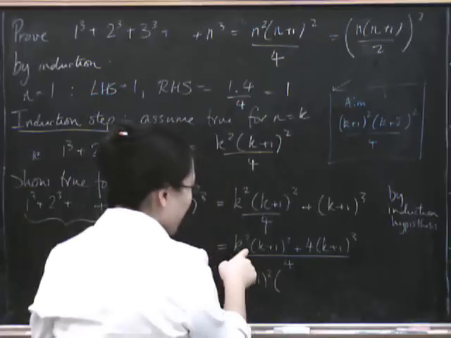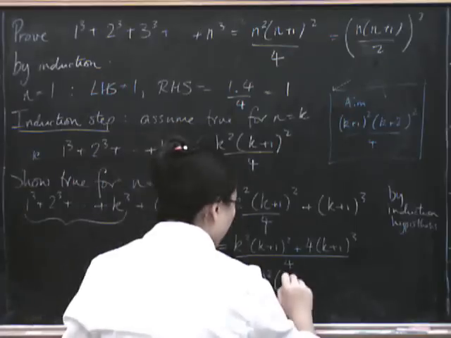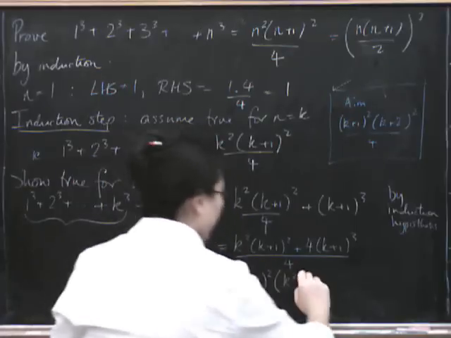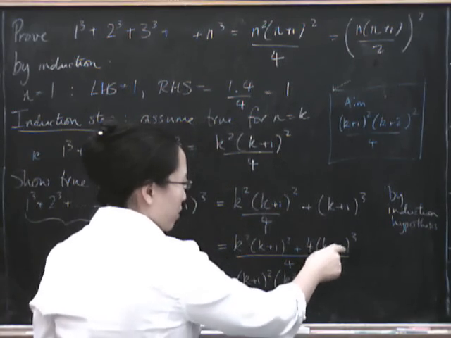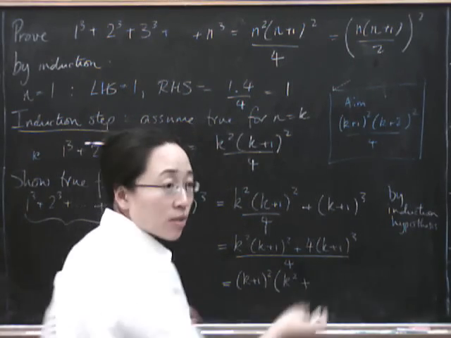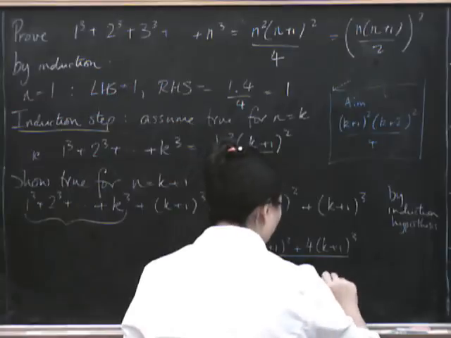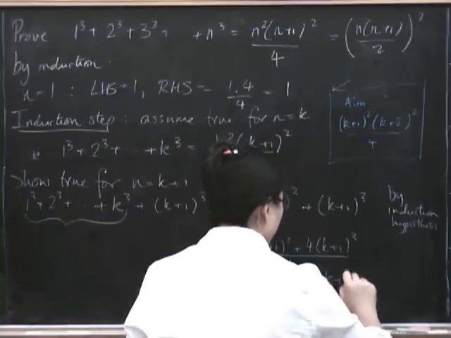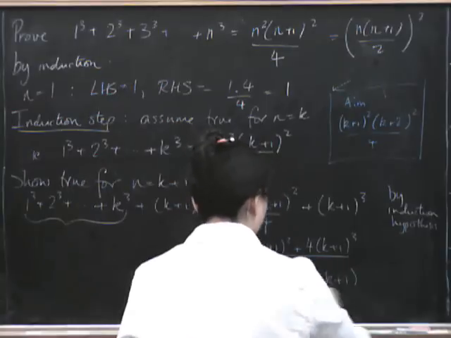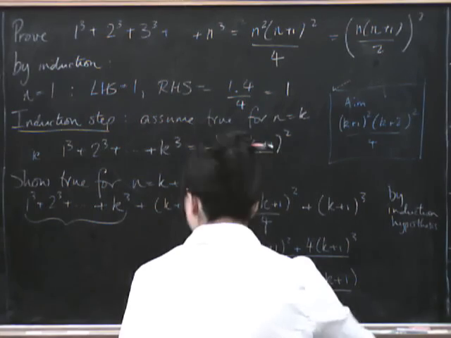Now what have we got left? Over here we've got k squared, and then over here we've taken out (k plus 1) squared, so what we'll have left is 4 times (k plus 1). So we get k squared plus 4k plus 4, and all that is over 4.